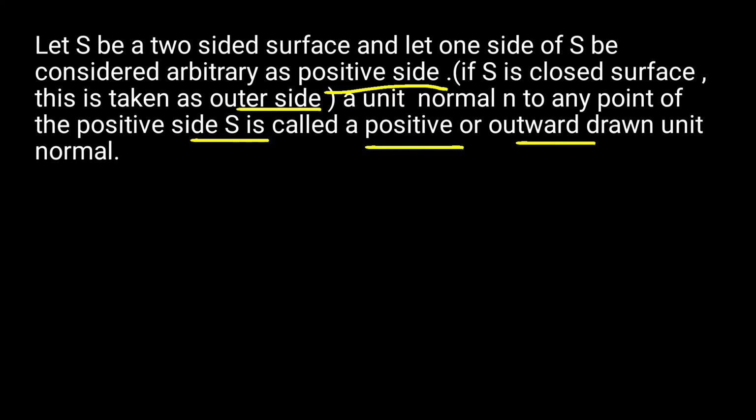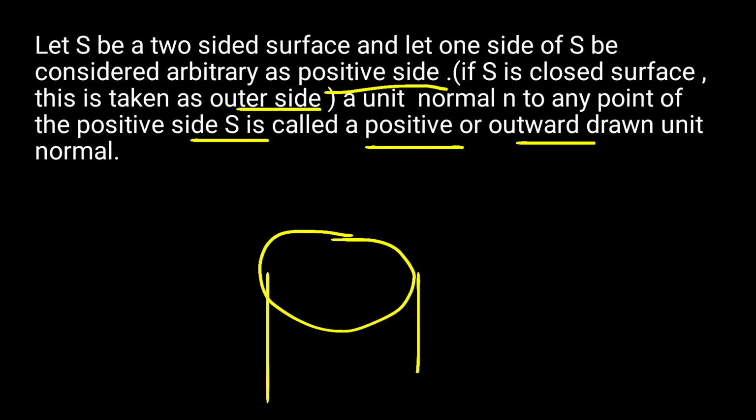So this is what we are saying. We have this kind of cylinder here with a normal N, and this is the distance ds. We are saying this is a two-sided surface, and one side is considered the positive side.